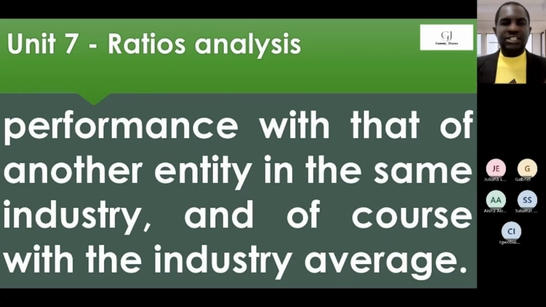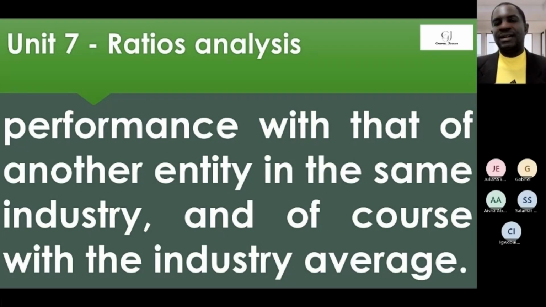So if, for example, GT Bank, Zenith Bank, which other banks again, are doing a particular percentage in profit or in revenue, if the bank you are asked to analyze, let's say Oceanic Bank of blessed memory, Oceanic Bank does not exist again.